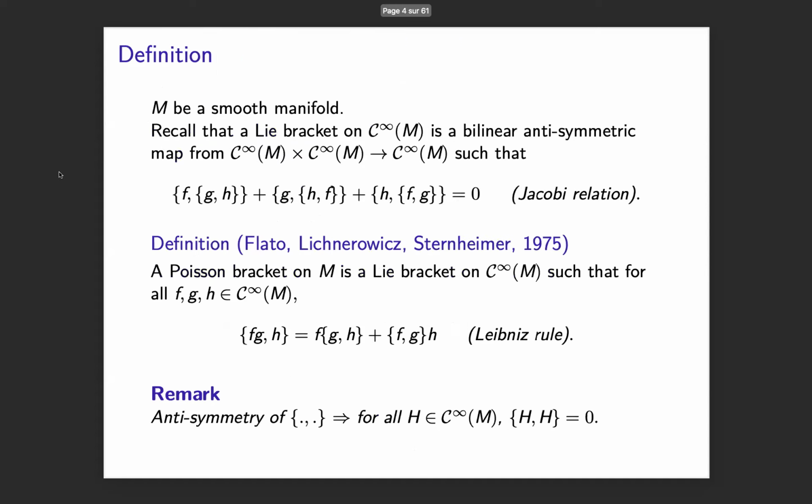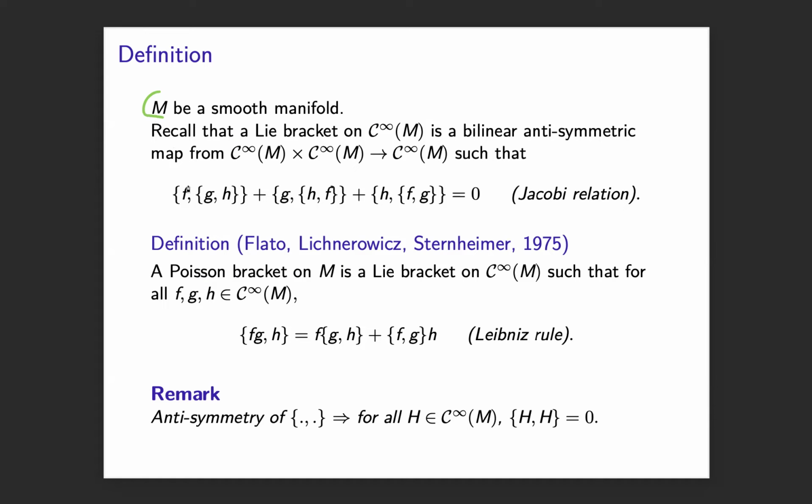So let us start. This is the definition of a Poisson bracket. Everything is smooth, except if I mention the opposite. Everything will be smooth in this lecture. In particular, the manifold we work on is a smooth manifold.